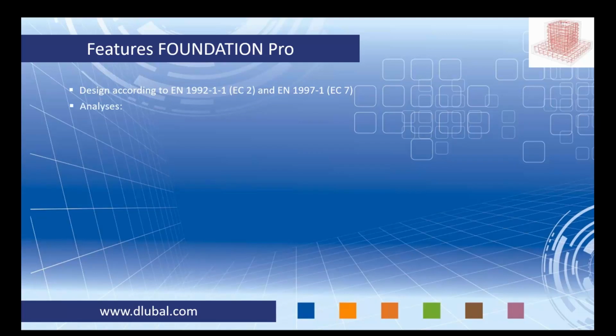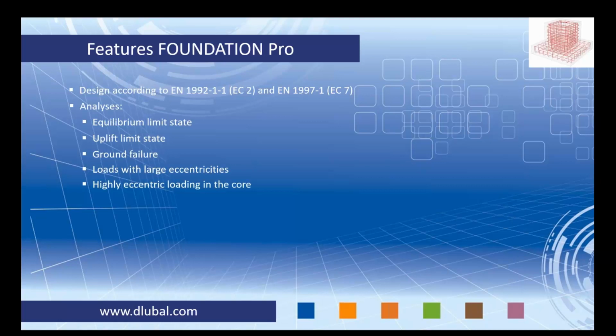The analysis done for Eurocode 7 is the equilibrium limit state, then the uplift limit state, and ground failure. We look at loads with large eccentricities. If we use the German annex, we can also look at a highly eccentric loading in the core.